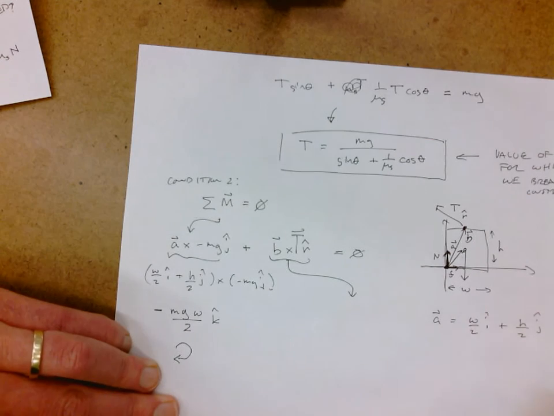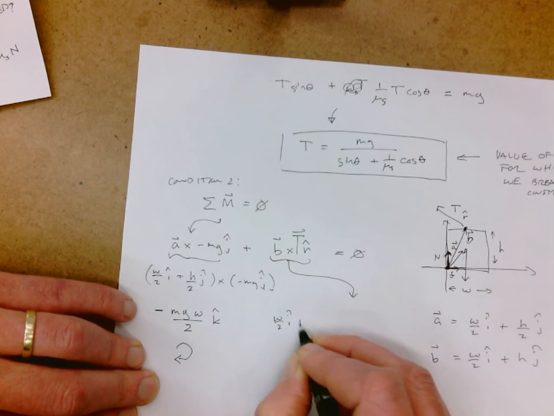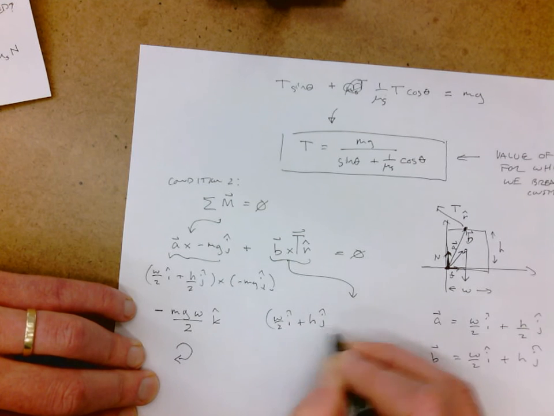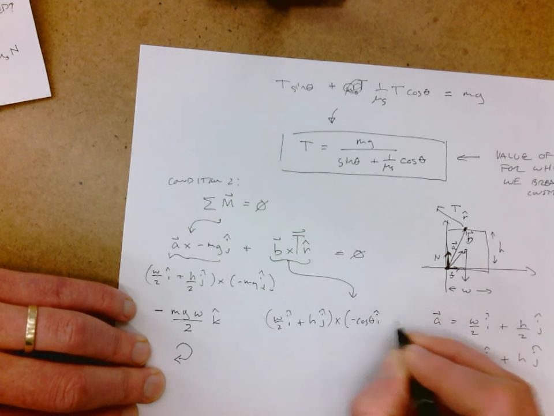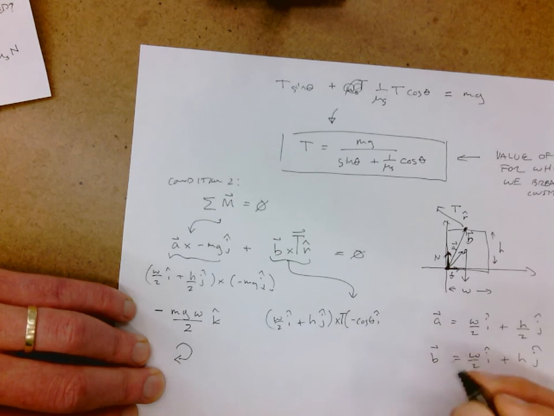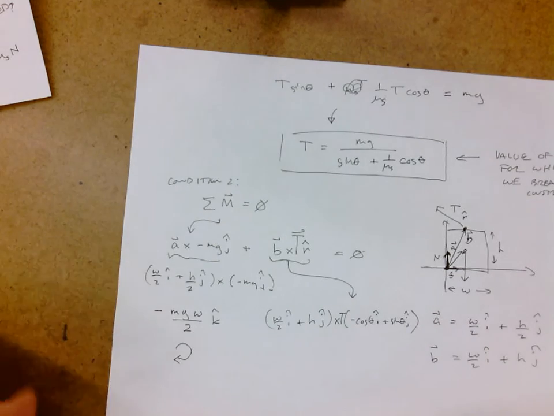This, on the other hand, B vector is actually w on 2 i hat plus h j hat, right? And so this will give me w on 2 i hat plus h j hat crossed with T times minus cos theta i hat plus sine theta j hat.